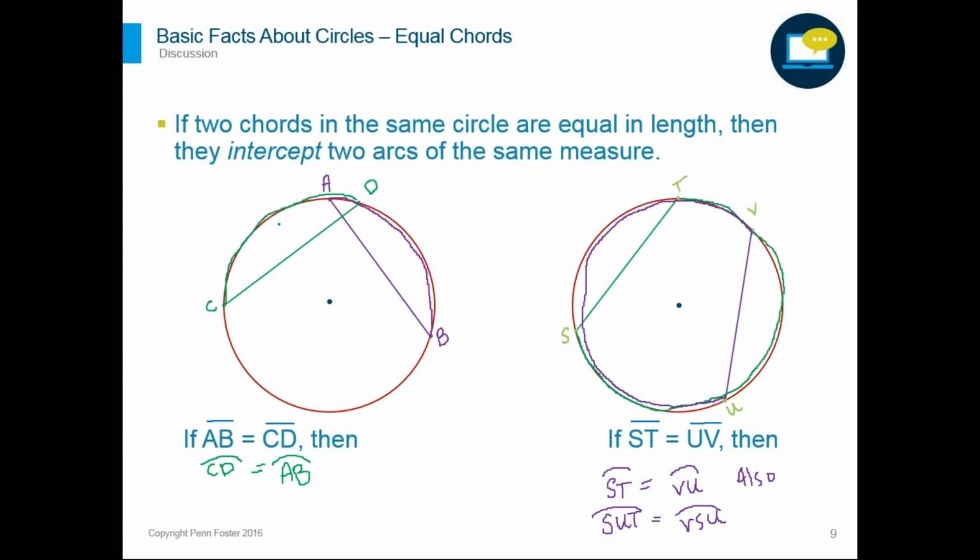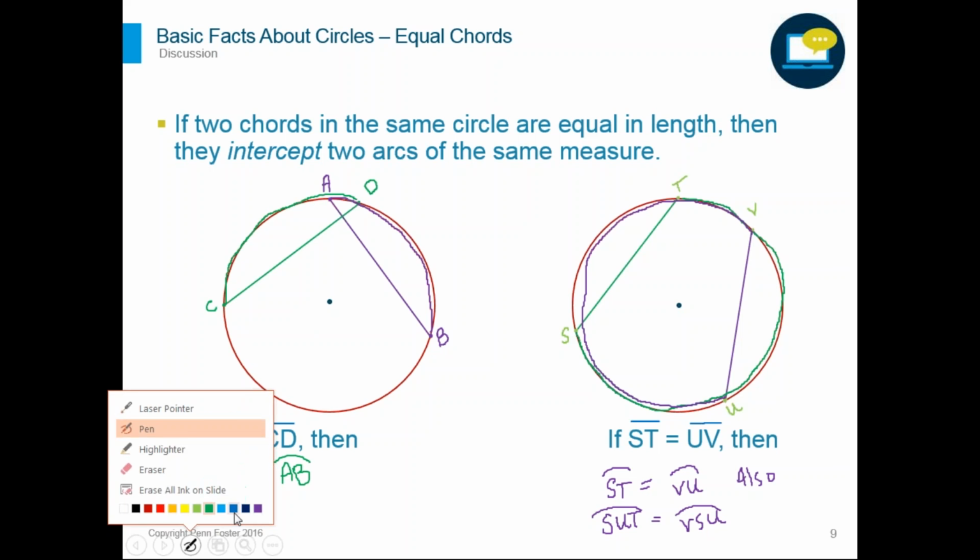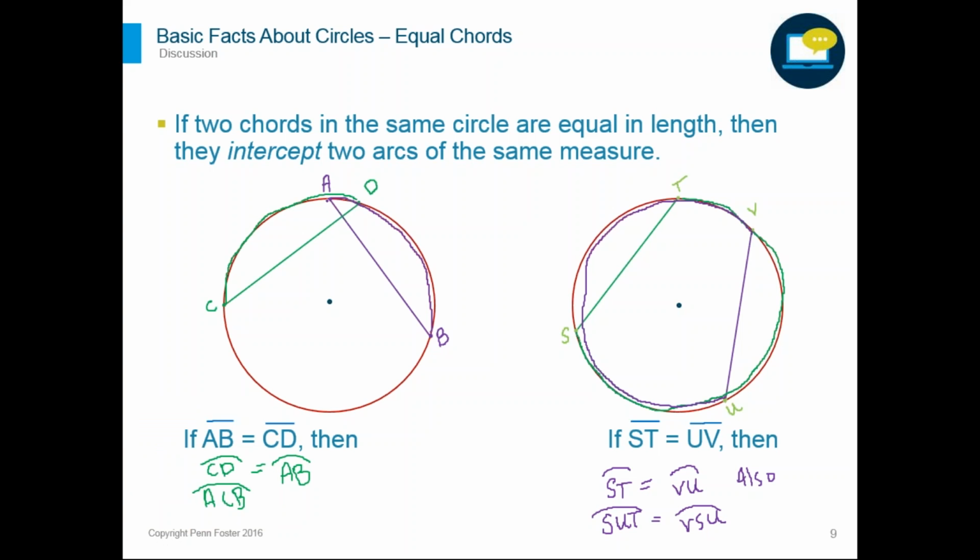And also the major arcs. The major arcs ACB and CBD. These come from the chord AB here. So let me use the same colors so everything is consistent for you when you look at the recording.